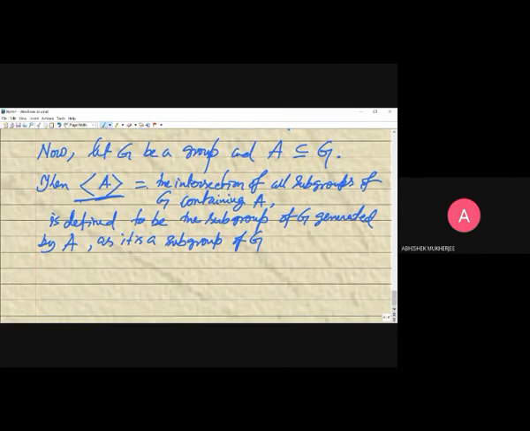So first of all, note that being the intersection of all subgroups containing A, it must be the smallest one, right?